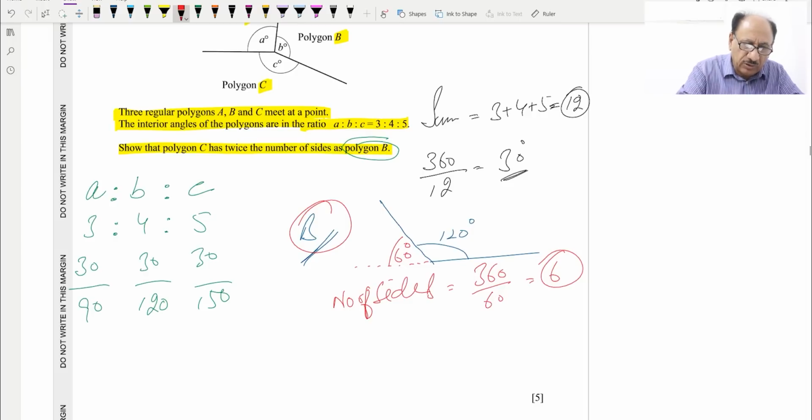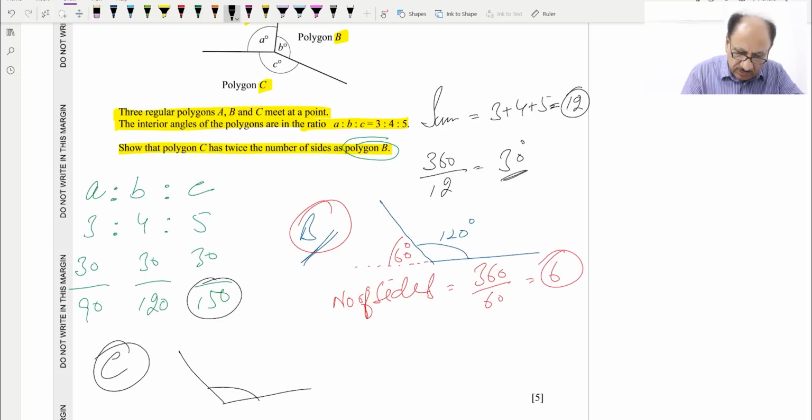Now we can calculate for C. So for polygon C, the same. Now we have a 150 degree angle, so the exterior angle will be 30 degrees. So we can divide 360 by 30, and we will get 12.